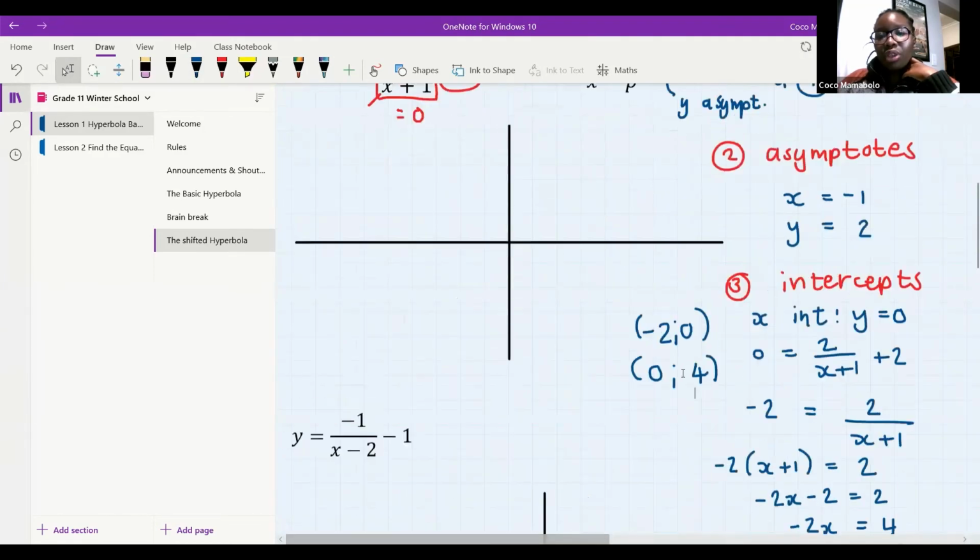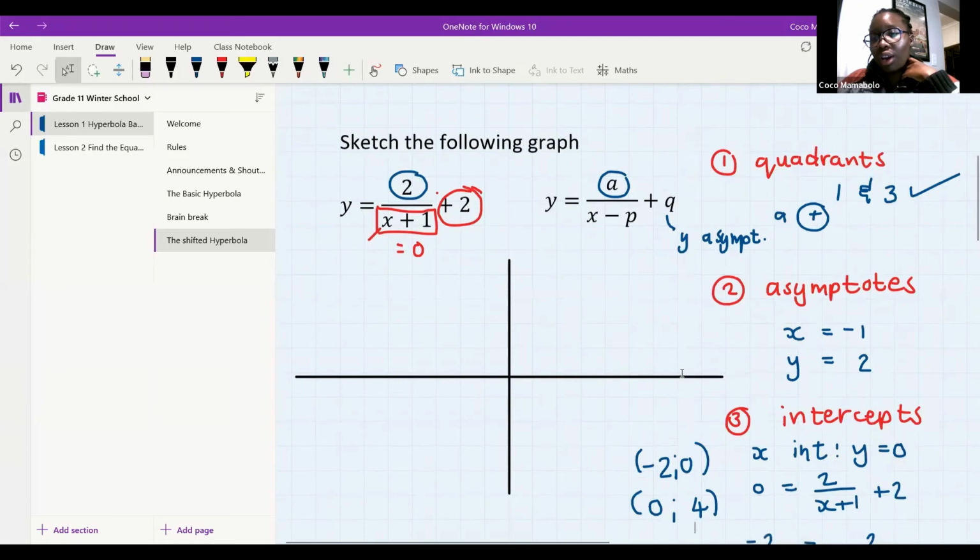Okay, now we're going to plot all of this onto the graph. So I'm going to have this in quadrants 1 and 3. I'm going to start with my asymptote. My x-asymptote is no longer on that line. It's sitting at x is equal to -1. So over there, just like that.